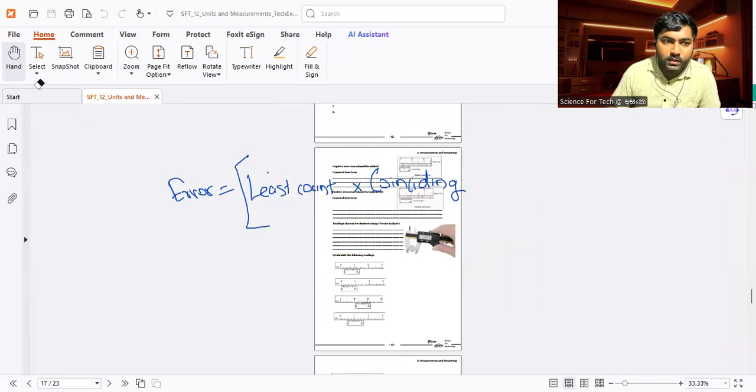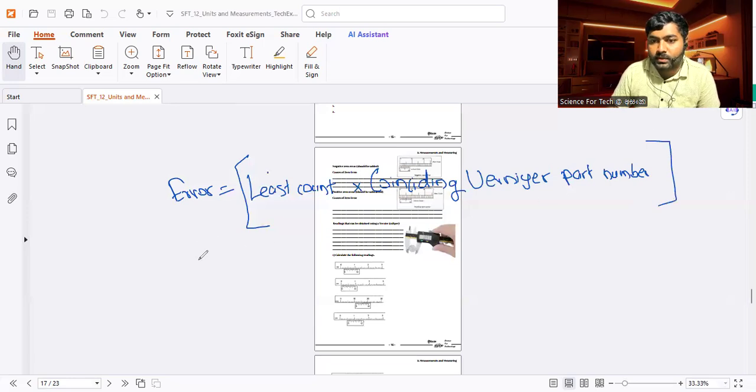Right? Coinciding vernier part number. Write this up. I will explain.